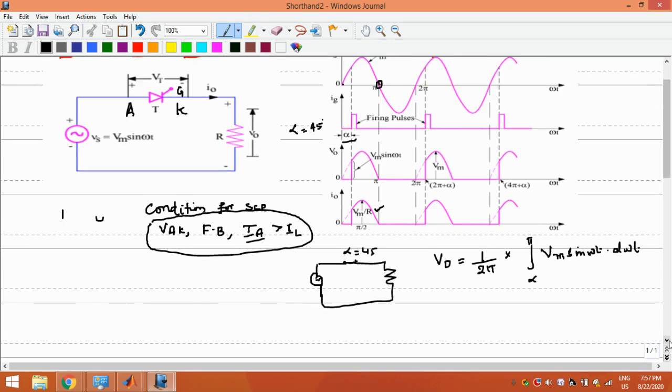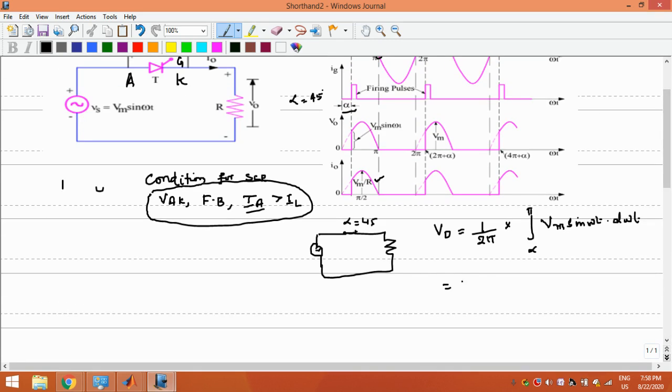When you integrate this, you will get Vm by 2 pi times (1 plus cos alpha). So this is the average voltage of a half-wave rectifier.